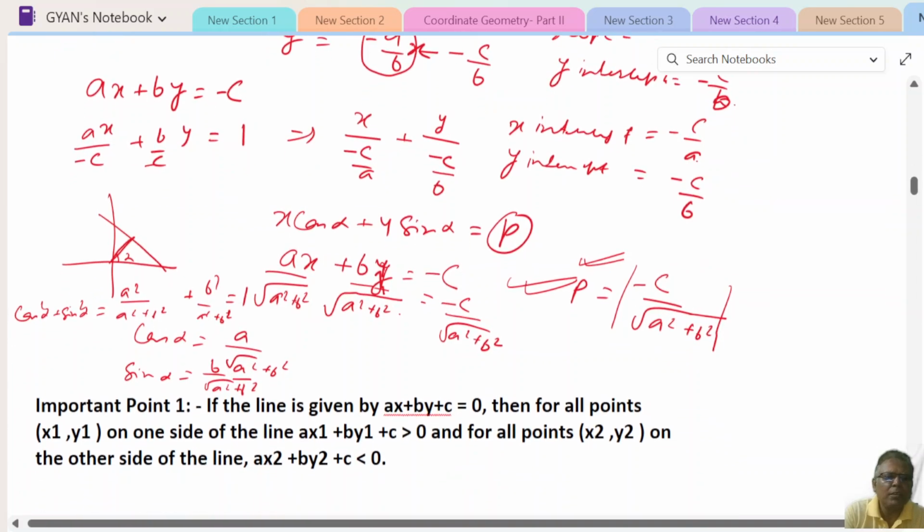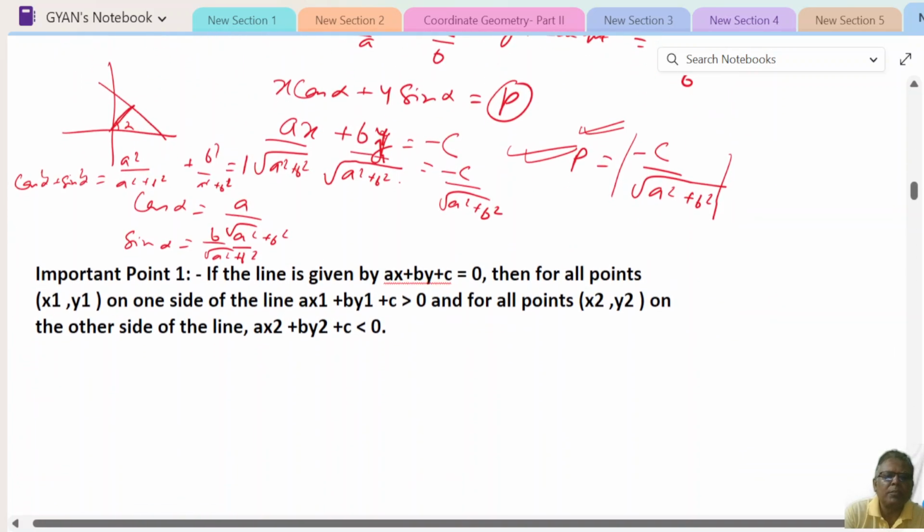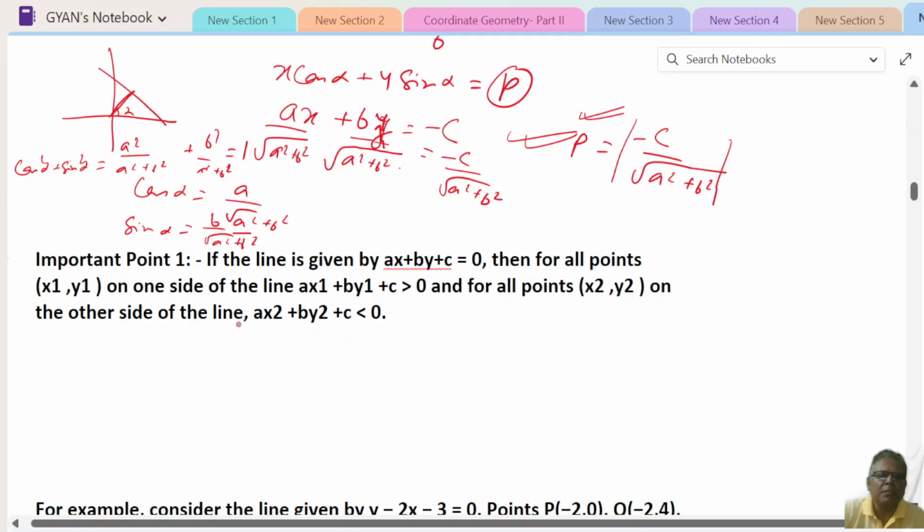Now come to the two important theorems. First is, suppose a line is given and a point x1, y1 is on one side. You put x1 in place of x and y1 in place of y in ax1 plus by1 plus c, and it is greater than 0.